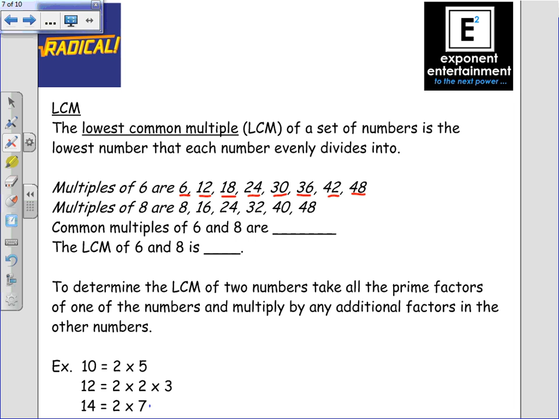Those are all the multiples of 6, and it keeps going, right? And then here's a whole bunch for 8. And then you want to find the smallest one they have in common. What is it? 24. Right here. That's the smallest number that both of those original numbers, 6 and 8, multiply into.